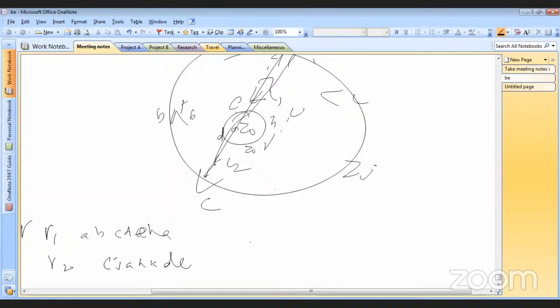Therefore the integral over gamma 1 of f of w by w minus z0 dw equals the integral over gamma 2 of f of w by w minus z0 dw. Both are the same for gamma and L. Therefore this is called Cauchy's integral formula. If you have any more doubts in this unit, ask me.